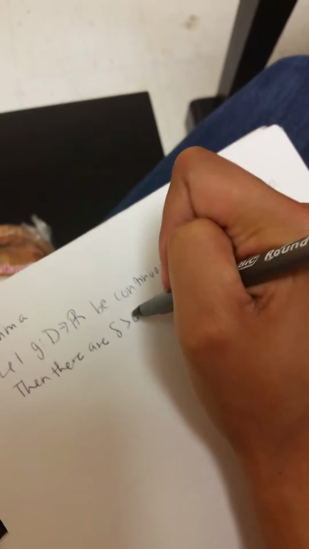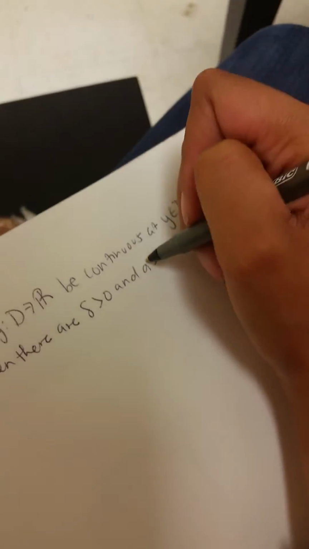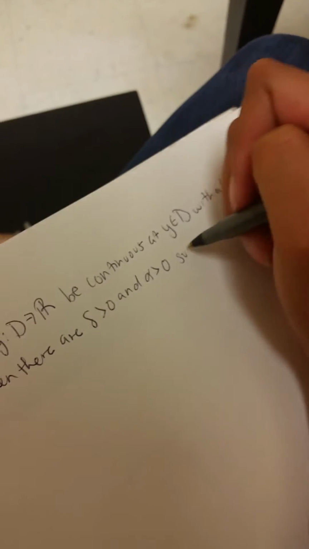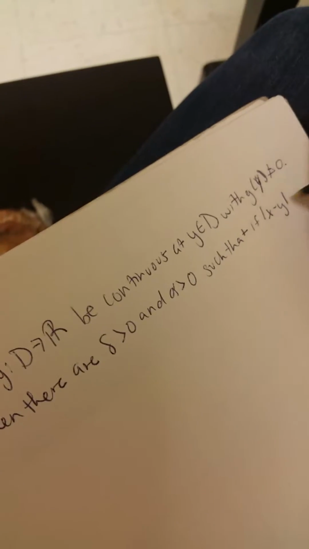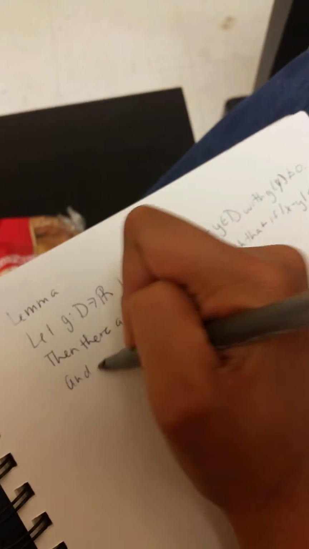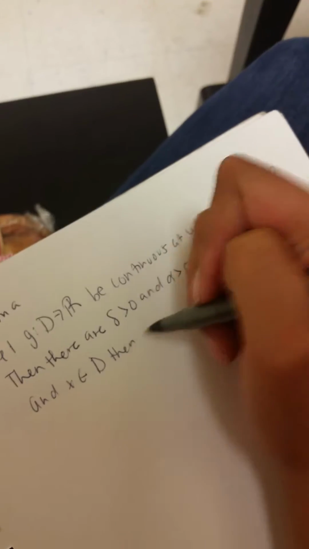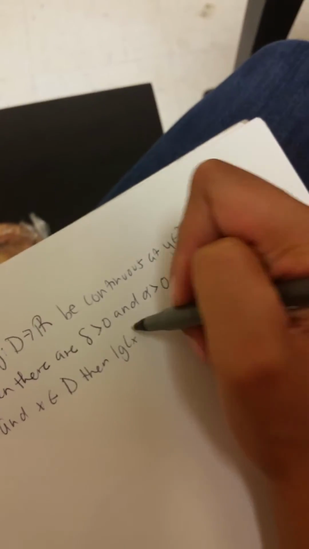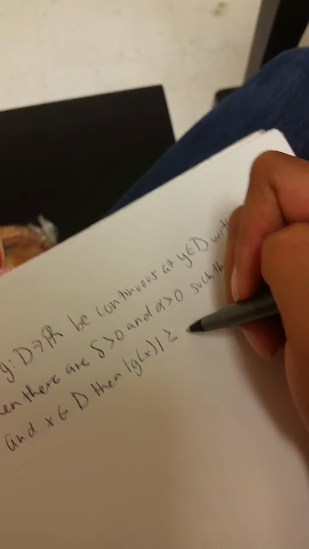Then there are delta greater than 0 and alpha greater than 0 such that if the absolute value of x minus y is less than delta and x is in D, then the absolute value of g of x is greater than or equal to alpha.